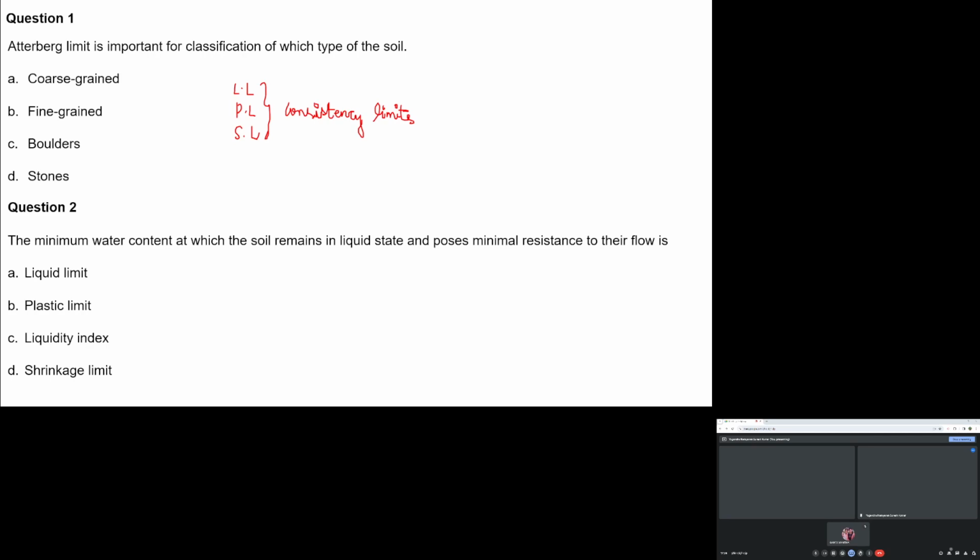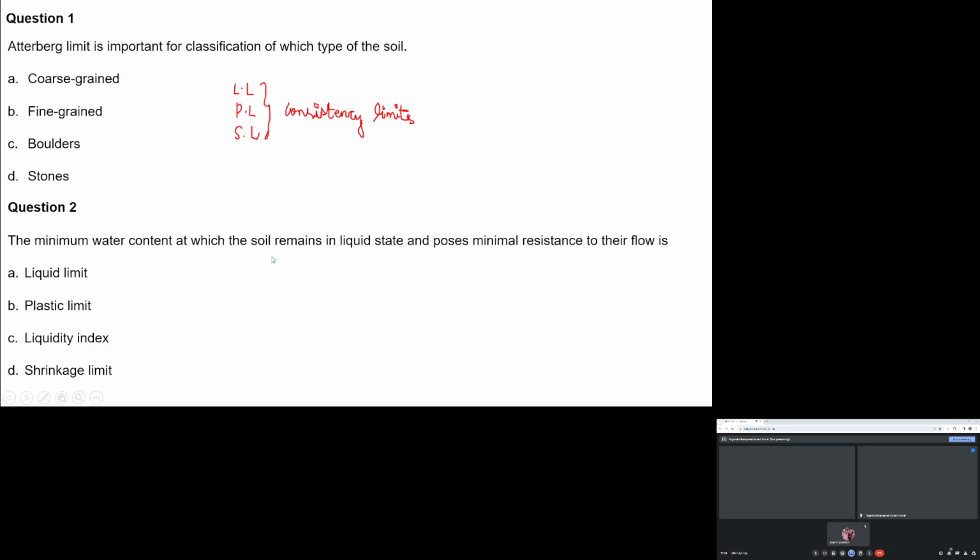Yes, sir. So moving to question two: the minimum water content at which the soil remains in liquid state and poses minimal resistance to flow is option A, liquid limit, option B, plastic limit, option C, liquidity index, option D, shrinkage limit.